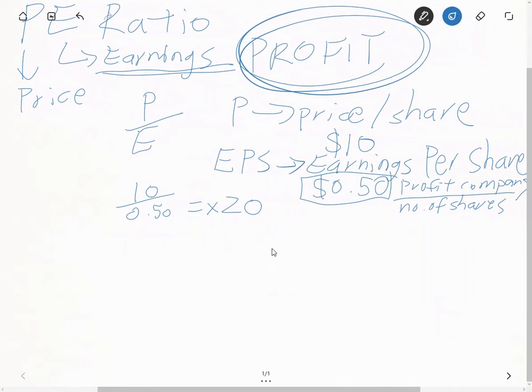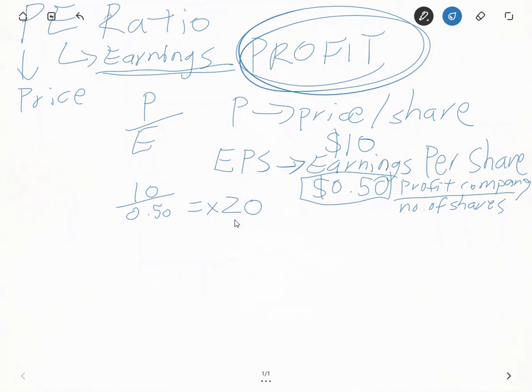Well, what it means is that for every dollar of earnings, you're paying $20. Because here we're buying a share for $10. We're paying $10 a share for a company that makes 50 cents per share. So that means we're paying $20 for every dollar of earnings.